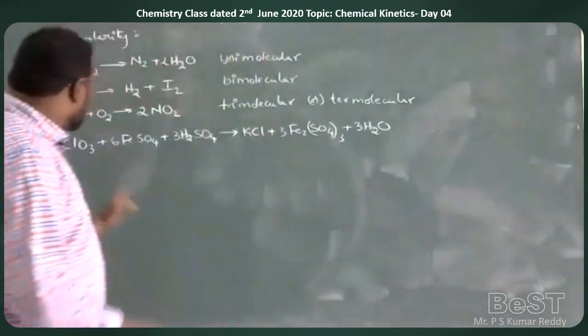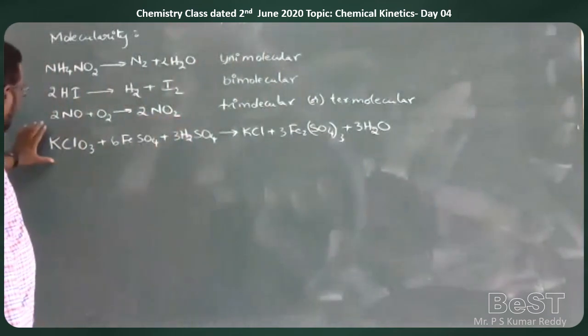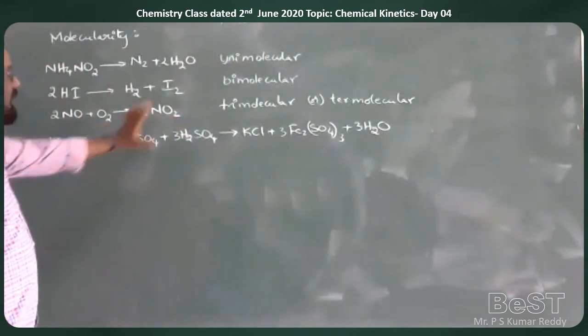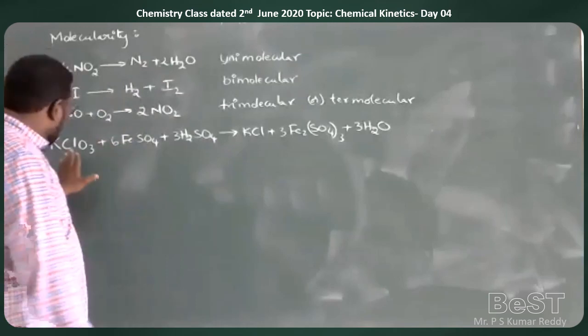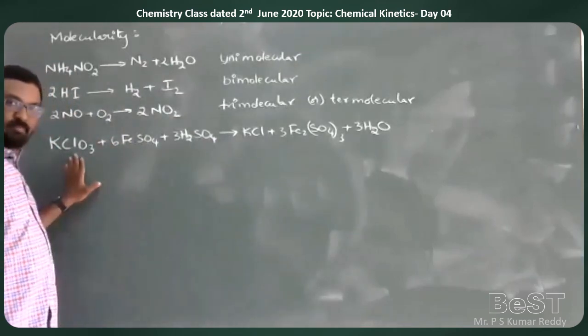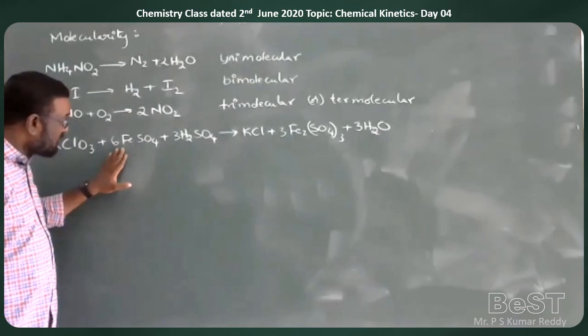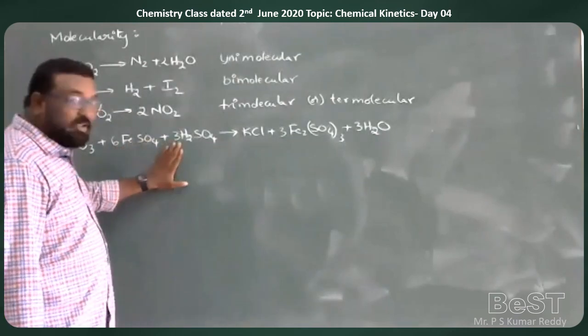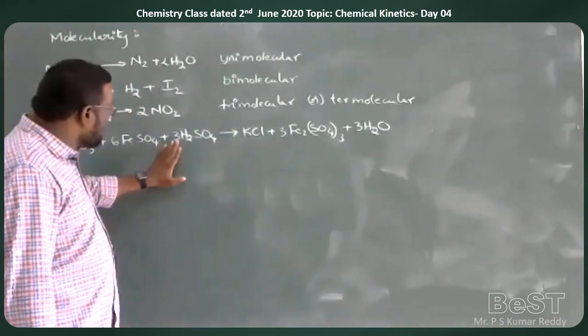Now, if you see this big reaction, many molecules are involved in it. One molecule of KClO3 reacts with 6 molecules of FeSO4 and 3 molecules of H2SO4.